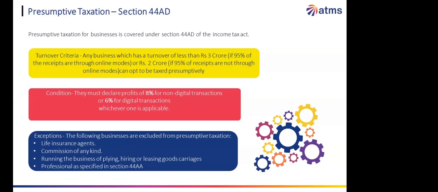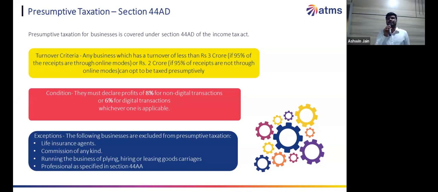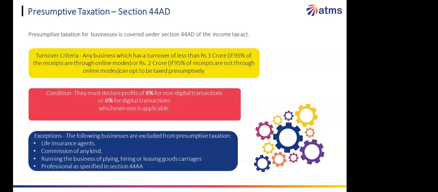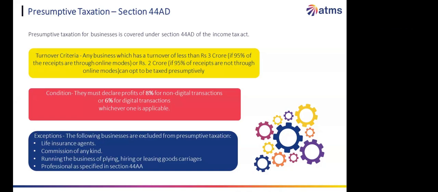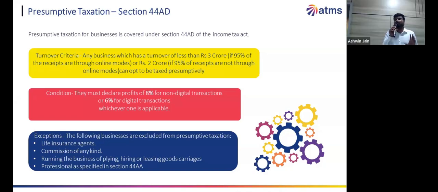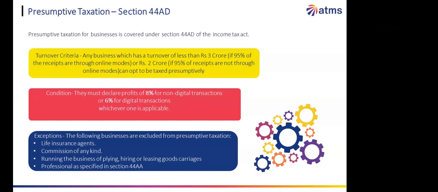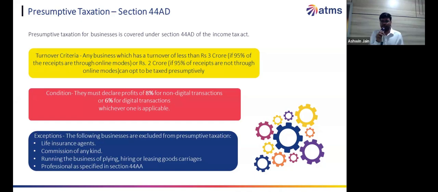Then only can you enroll in this 3 crore scheme. Otherwise, you will not be eligible for the 3 crore scheme and you will go into the 2 crore scheme. So for applicability of 3 crore, we need to check that 95% of our turnover receipts is in online mode. Otherwise, the 2 crore limit will be applicable. This 2 crore limit is constant and has not been revised.